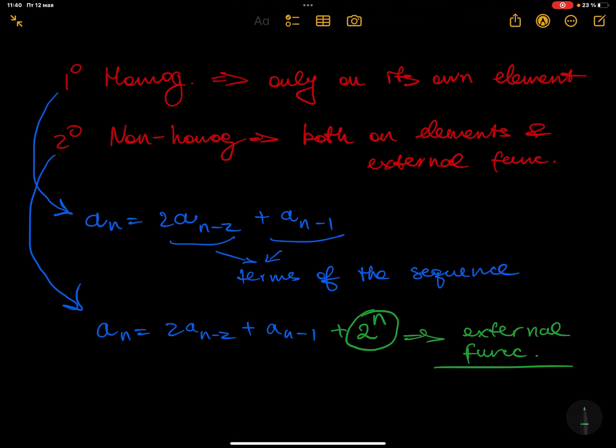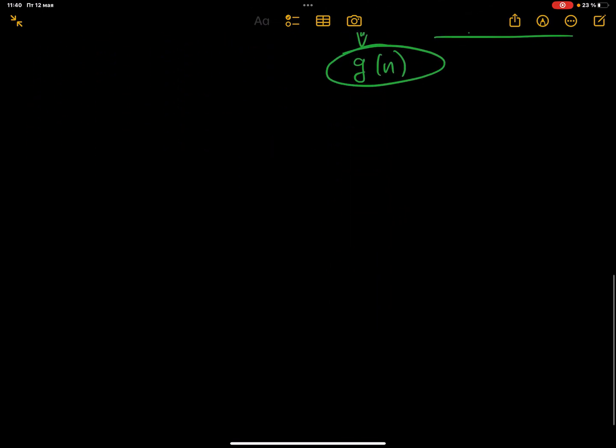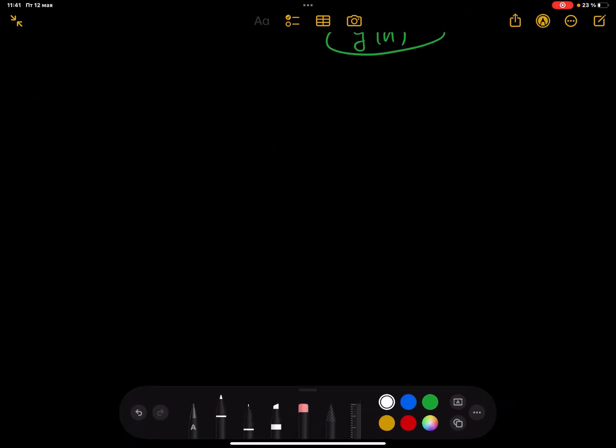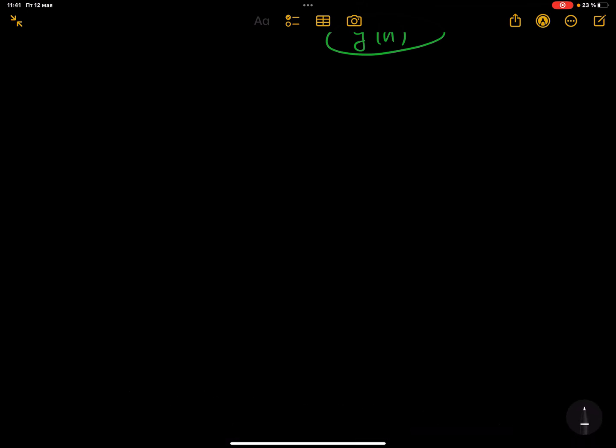This is an external function, and this is the case of a non-homogeneous recurrence relation. It may be any polynomial or exponential function, doesn't matter. Here we have, let's say not f_n but g_n, an external function. So in this tutorial we're gonna see how to solve homogeneous recurrence relations first.